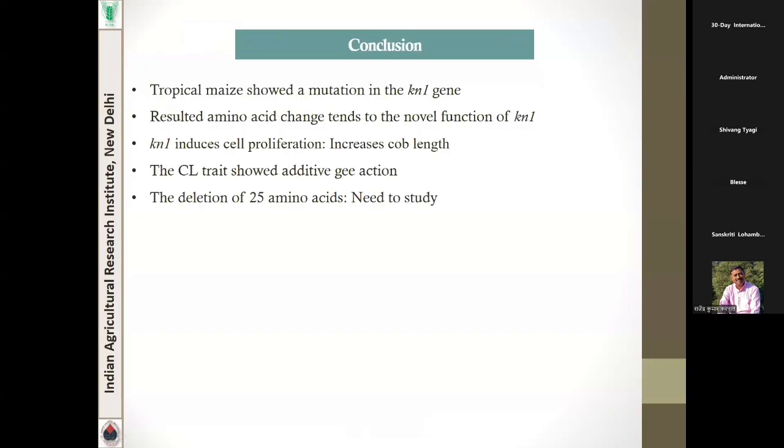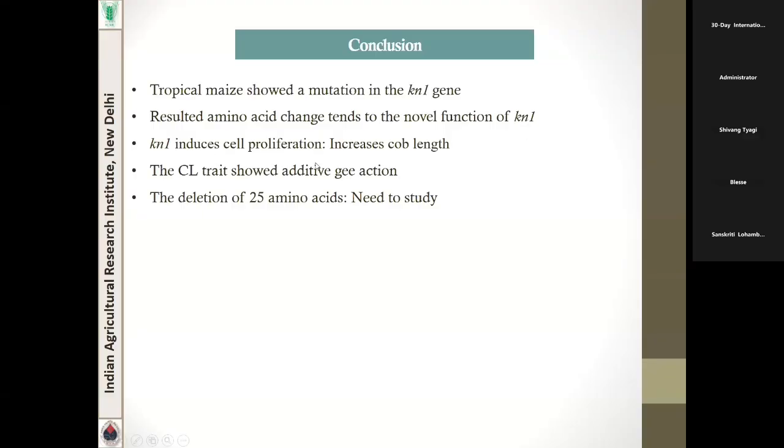So finally, I can conclude that the KN1 gene is one of the important genes which decides cob length. They may have some mutations accumulated in case of tropical maize, with some 25 amino acid differences there, which can be further dissected and a marker can be designed for that. The resulting amino acid changes might have caused a novel function of KN1, which has to be further studied.